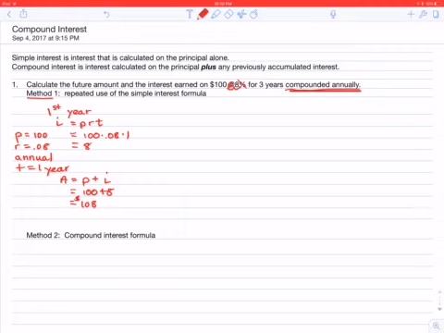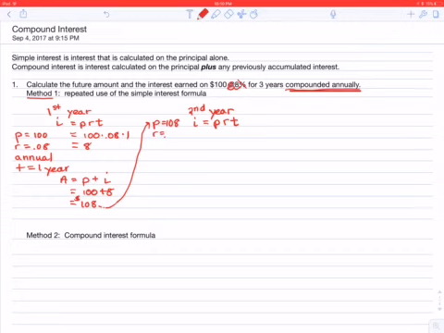Now for the second year, again, I'm going to use the simple interest formula and calculate the interest. We're doing it 1 year at a time. But now the principal, what we had in the account at the end of the first year, was $108.